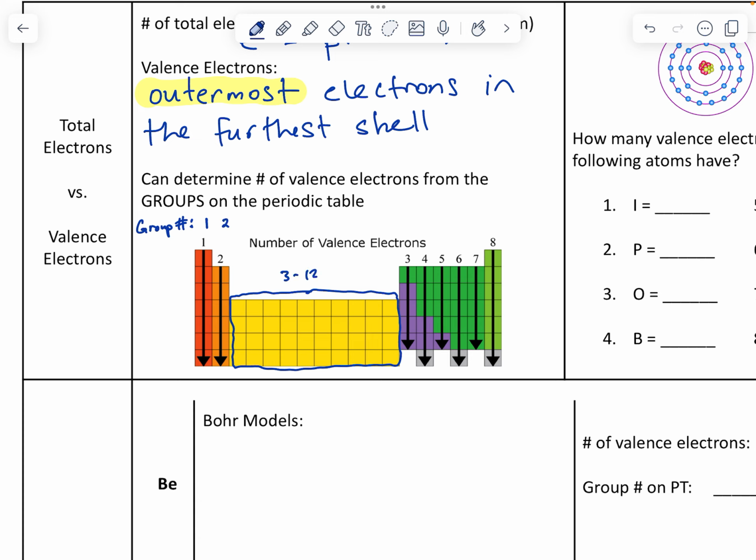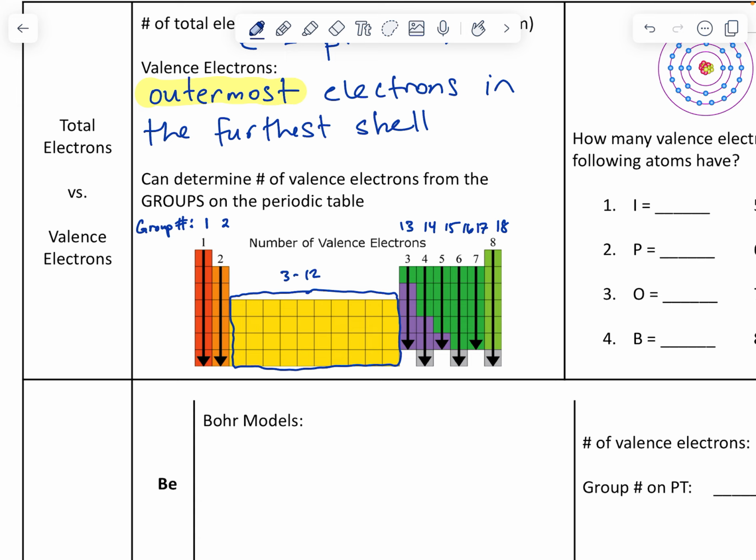So groups 3 through 12, we don't associate with valence electrons because of the nature of some of those electrons, or all of those electrons, wanting to go backwards into previous shells. And so we go through and we end up with 13, 14, 15, 16, 17, and 18 from our periodic table. And those are the other main groups of electrons there.